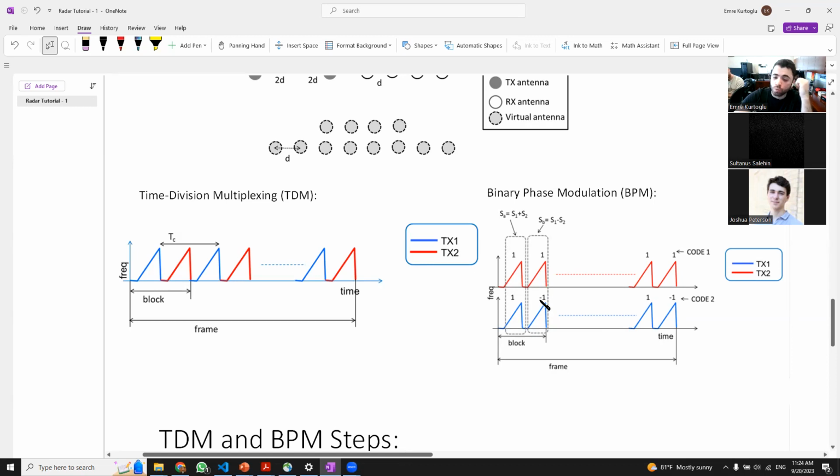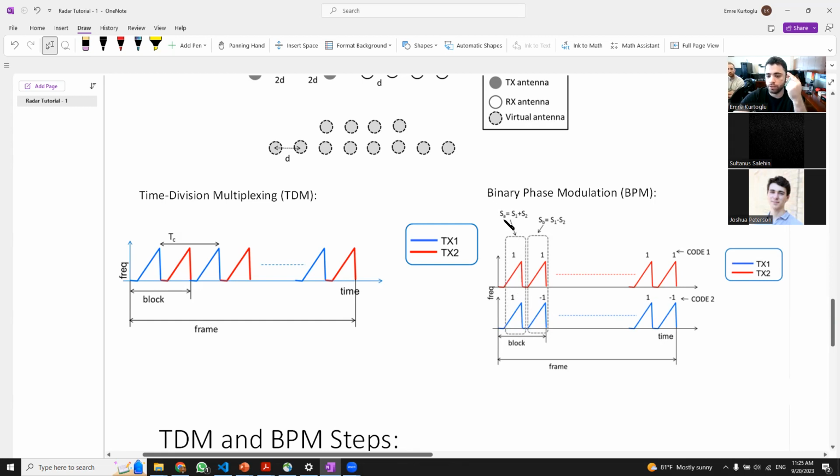And again, these 2 chirps become a chirp loop, and we keep repeating this. So now, in the data processing part, we are decoding this data. In this sample, we have the data from both transmitters.